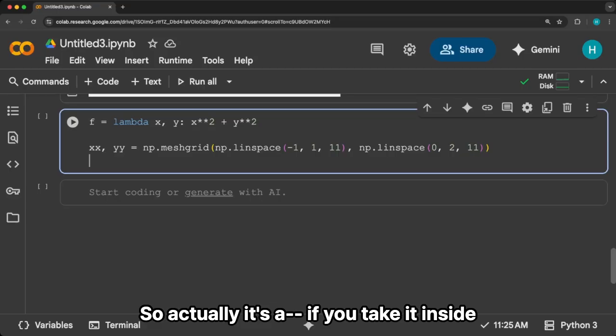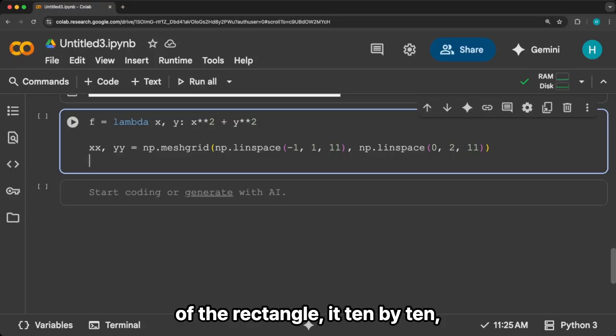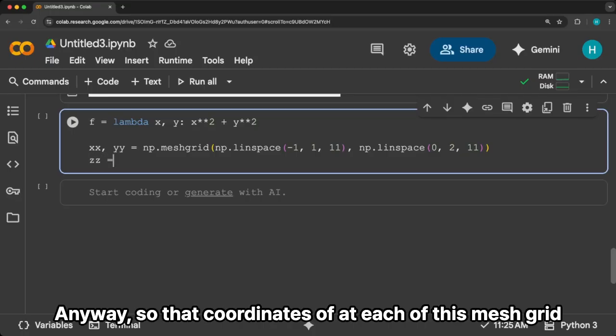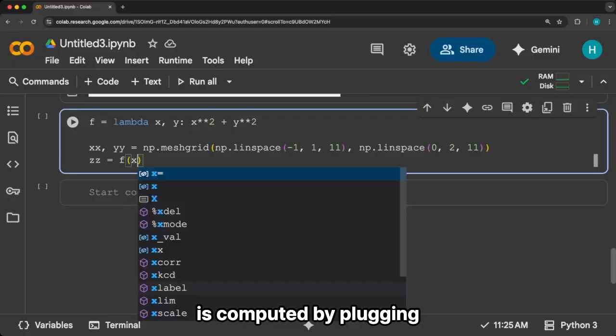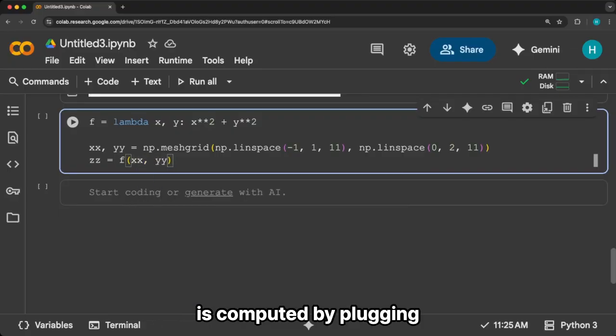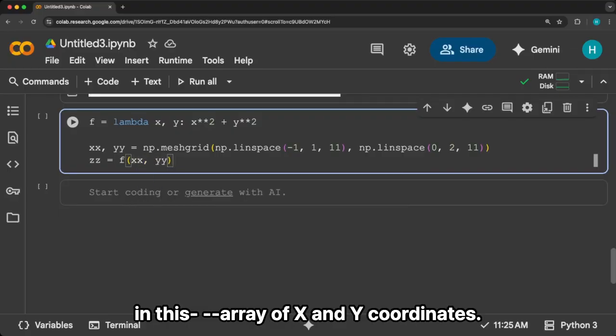Actually, inside the rectangle it's 10 by 10, but point-wise it's 11 by 11. The coordinate at each of these mesh grid points is computed by plugging in this array of x and y coordinates.